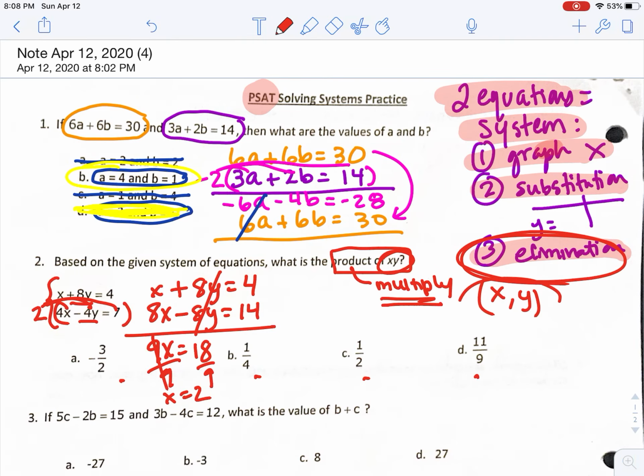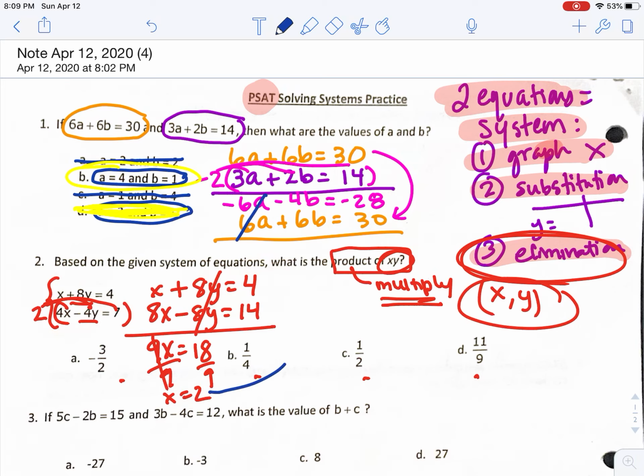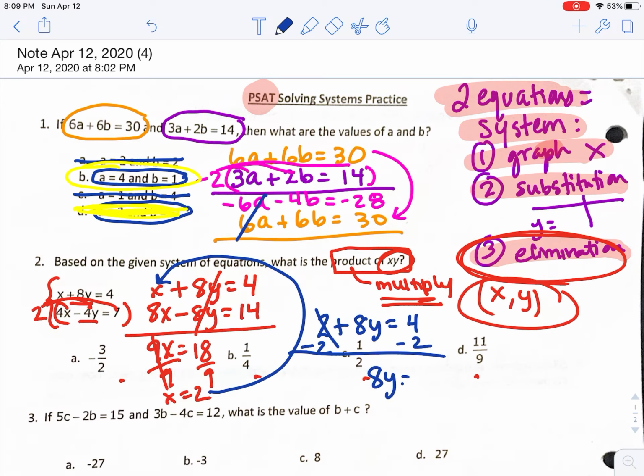But I'm not done yet because I still have to find y so that then I can multiply them together. So take my 2, plug it back in. I'm using that top equation. Minus 2, 8y equals 2, divide by 8. That's a decimal or a fraction, so y is 1/4.